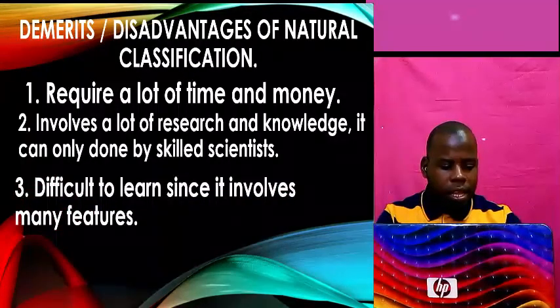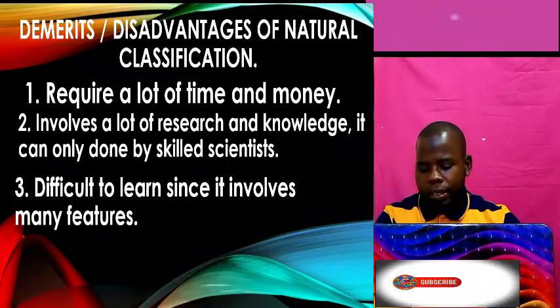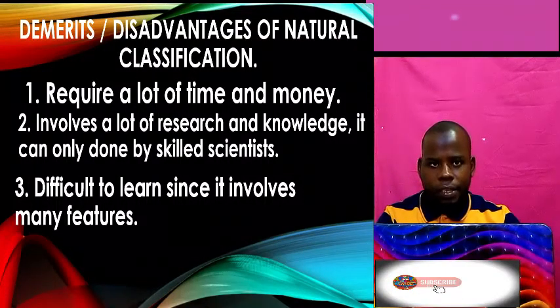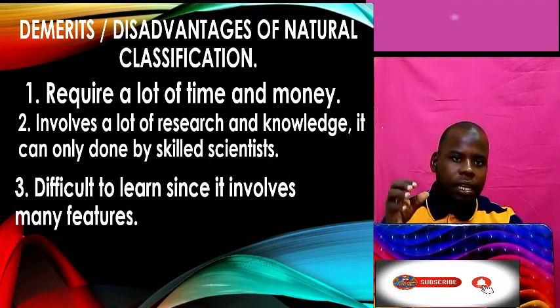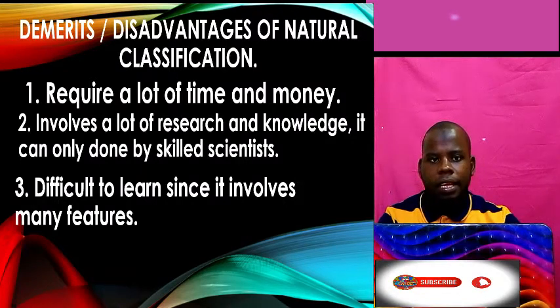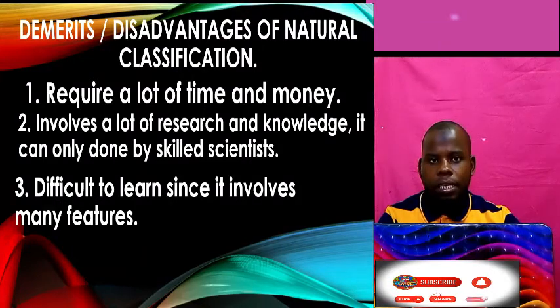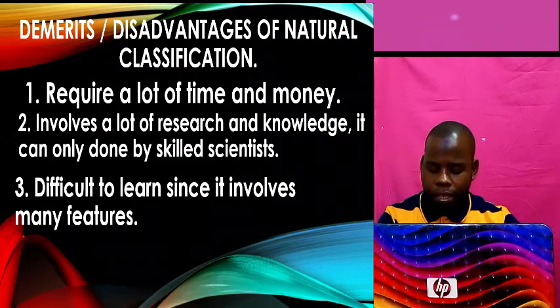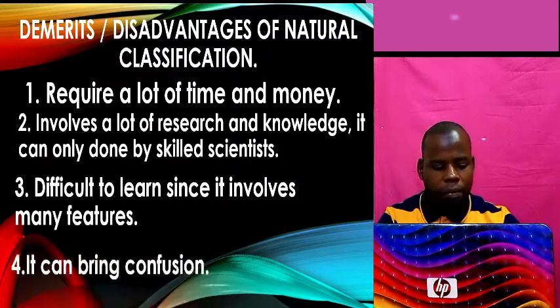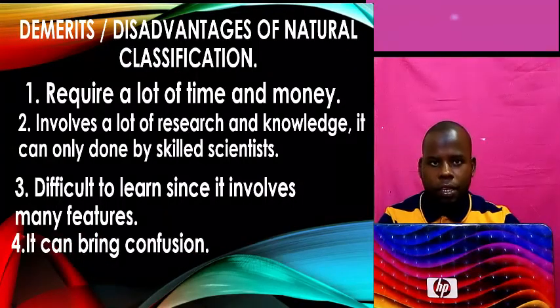Number 3, difficult to learn since it involves many features. You have to study external features and internal features. So there are difficulties when you are going to learn. That is a disadvantage. Number 4, it can bring confusion.